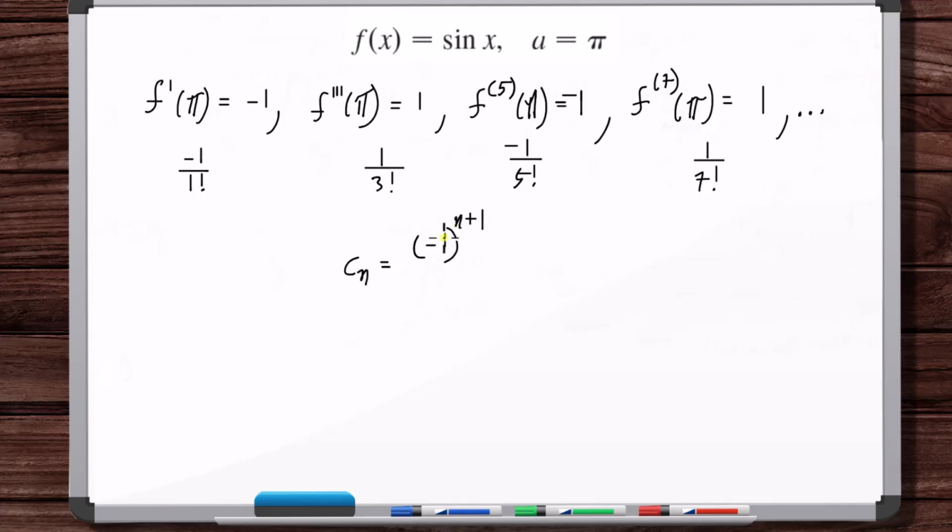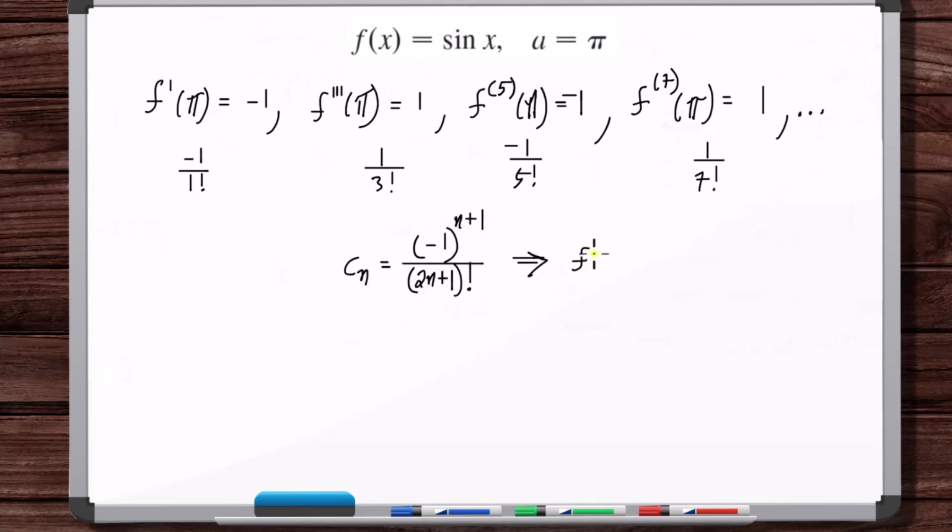When n is equal to 1, you get -1 squared. Now in the denominator, it should be 2n plus 1 factorial. When n is 0, you've got 1 factorial. n is 1, you've got 3 factorial. n is 2, you've got 5 factorial. There we go.